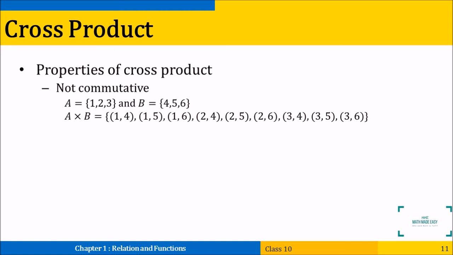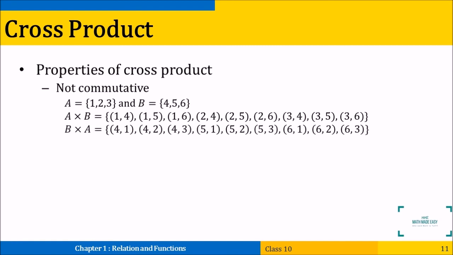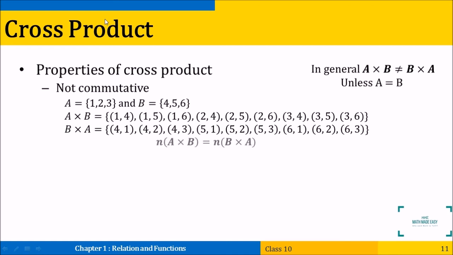Let's interchange the cross product, like B cross A. So we can find that A cross B is not equal to B cross A. In general, A cross B is not equal to B cross A unless you cross product it with the same set. If you cross product with the same set, you would have A cross B equal to B cross A. But we shall notice that the number of elements in A cross B is equal to the number of elements in B cross A.